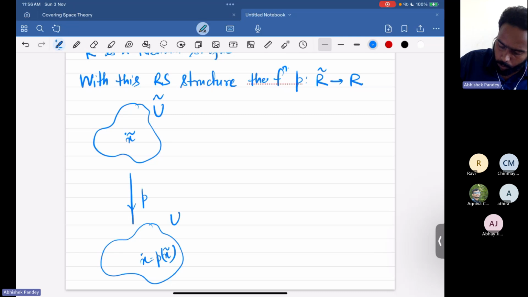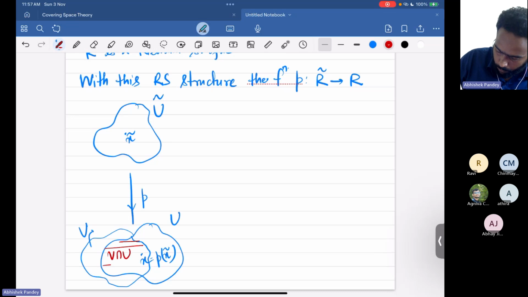We have chosen a chart at X, which is V. So this is V, and this red part is V intersection U. Now we are taking the inverse image of this V intersection U under the map P restricted over U tilde.